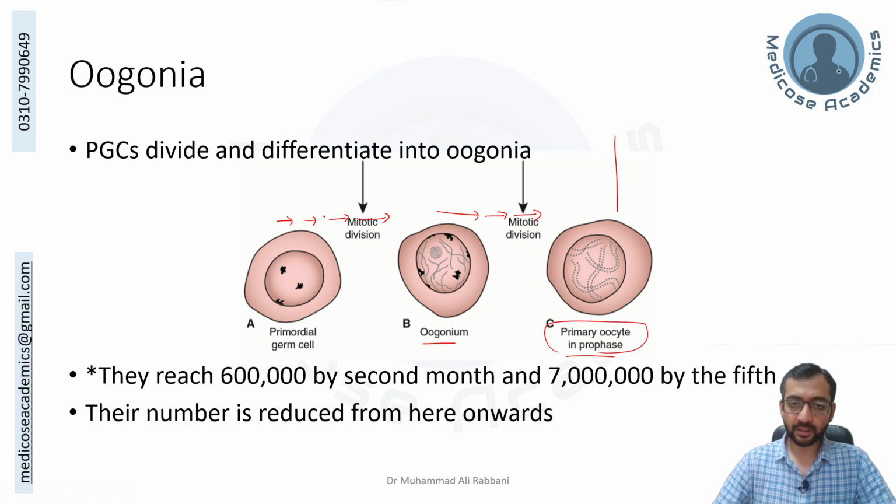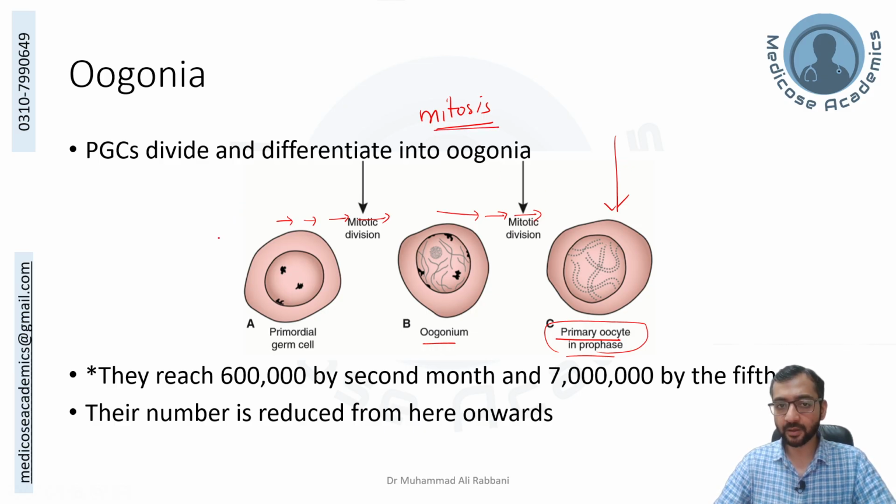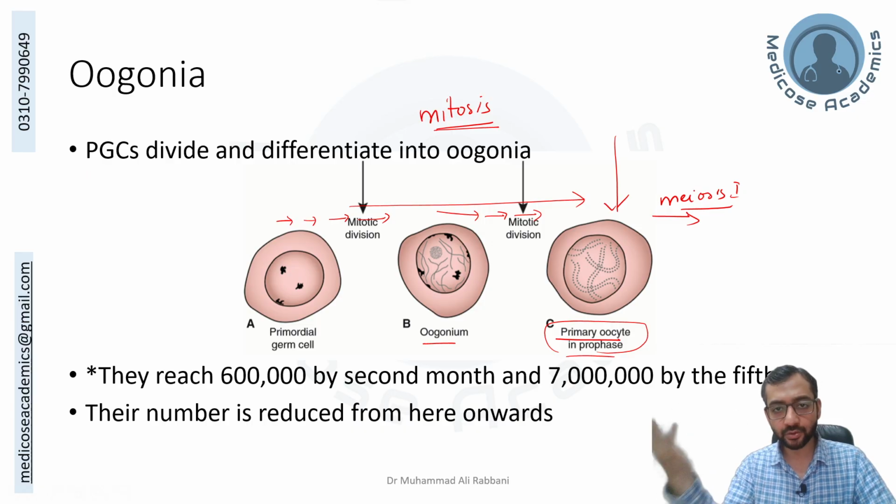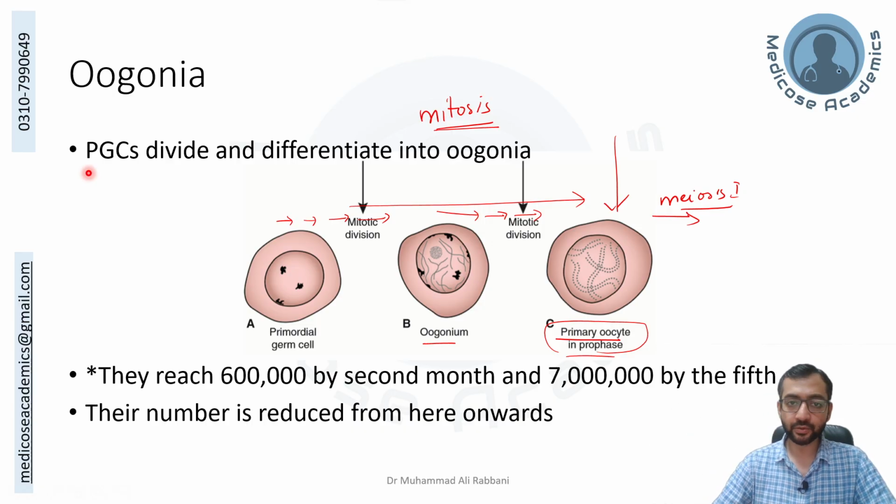All of this before the primary oocyte occurs through mitosis, and after that the cell will enter meiosis 1. So let's put a pin in that. Primordial cells divide and differentiate into oogonia, and those divide and give rise to primary oocytes.